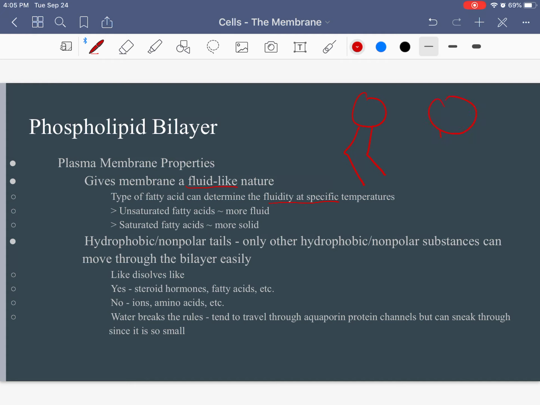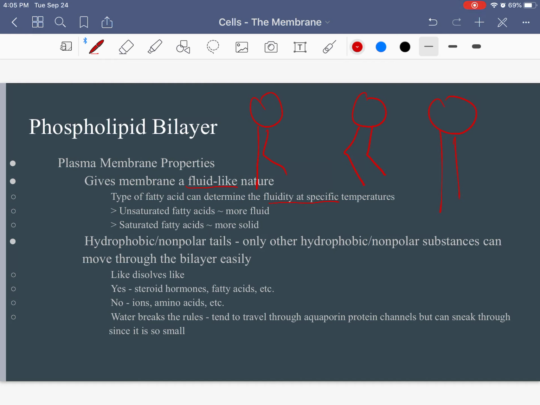If you have a lot of saturated fatty acids, unkinked, they're going to be solid at room temperature. And so you can have phospholipids that are made of both. So depending on the composition of the phospholipid, the cell membrane could be more fluid or more solid.